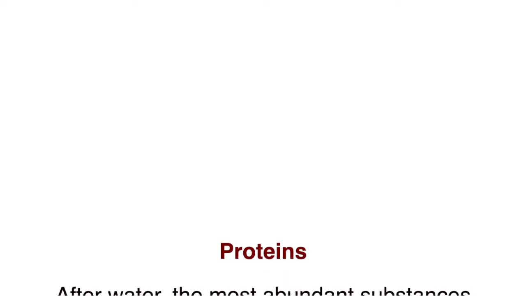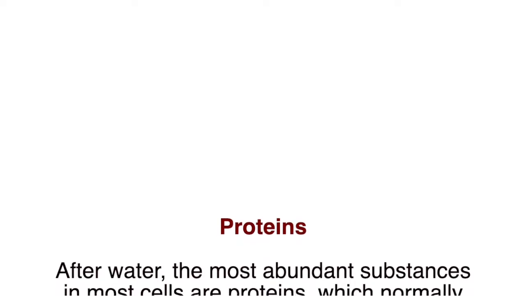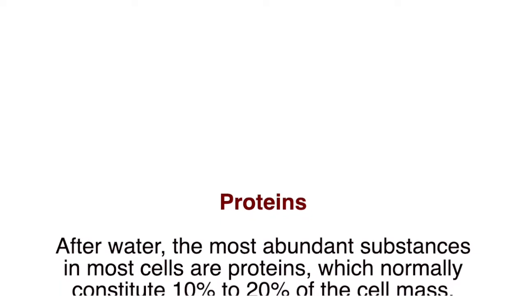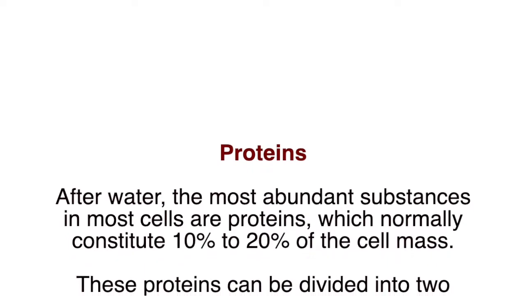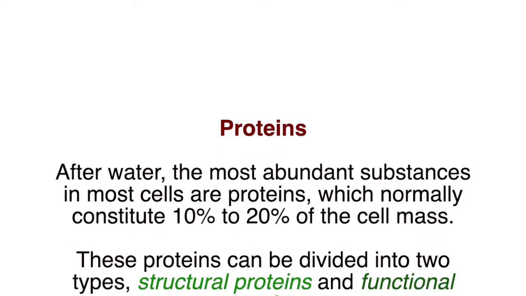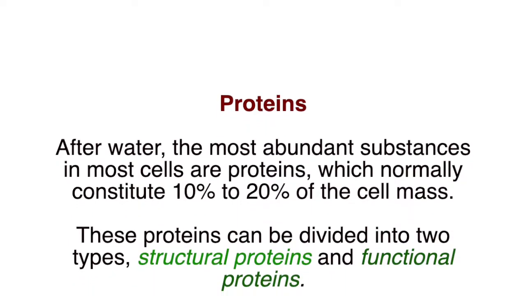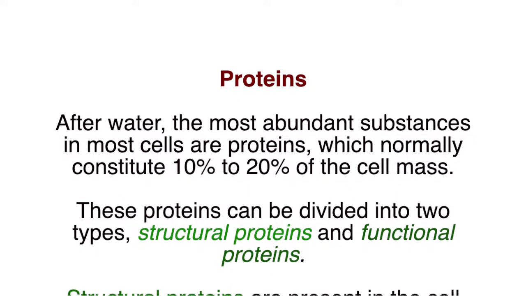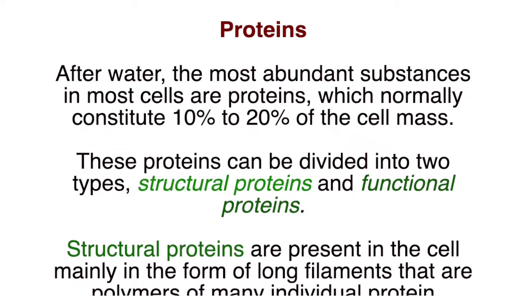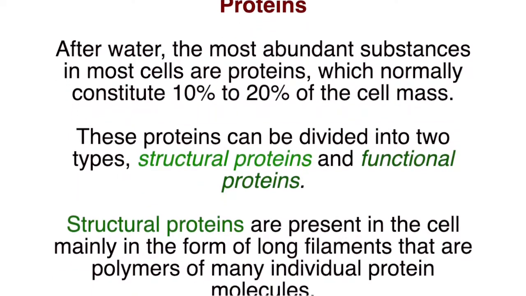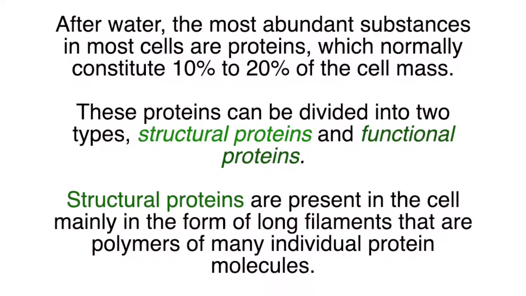Proteins. After water, the most abundant substances in most cells are proteins, which normally constitute 10 to 20% of the cell mass. These proteins can be divided into two types: structural proteins and functional proteins. Structural proteins are present in the cell, mainly in the form of long filaments that are polymers of many individual protein molecules.